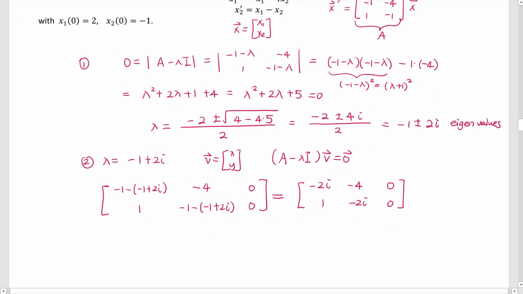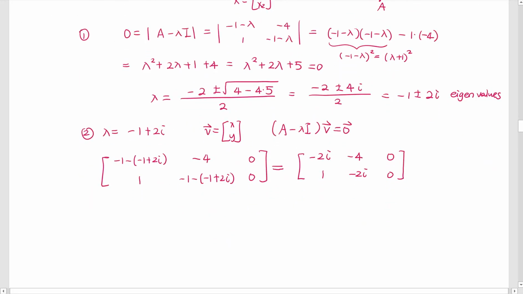Okay, so I don't want to see the i in the 1,1 entry. So let me multiply the first row by i. Then I squared is negative 1, so I get 2, minus 4i, 0. And 1, negative 2i, 0. Can you see the first row is 2 times the second row?